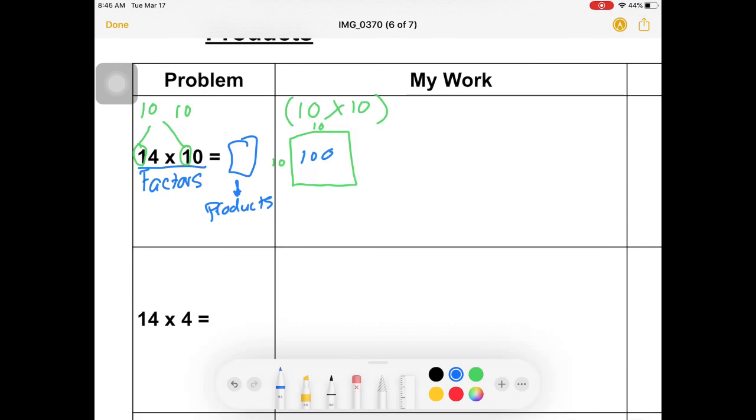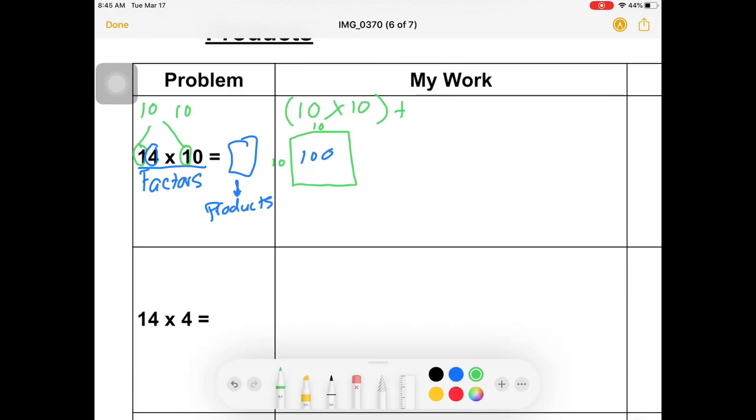But then I have the rest of these numbers to deal with. I would have a 4 to deal with as well. So I'm dealing with my 4, but I only have 10 as my product. So in this case, I would be adding some more to that.